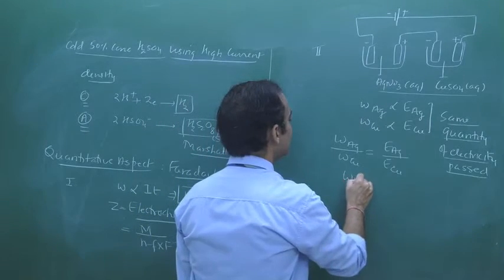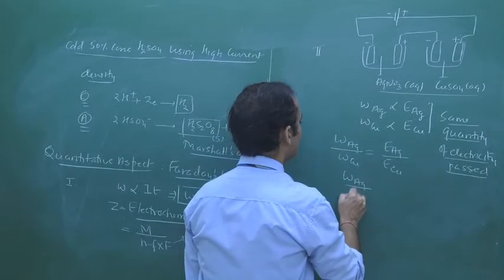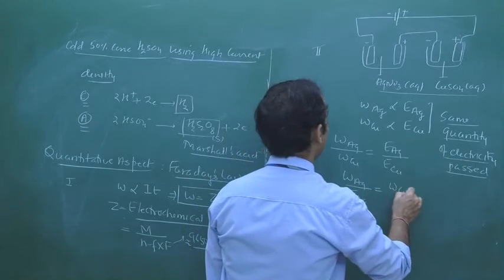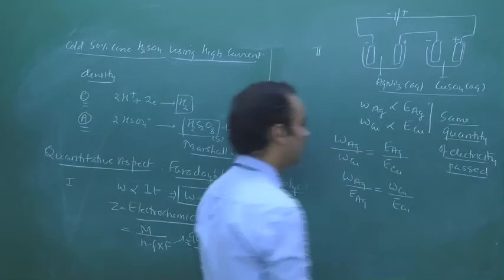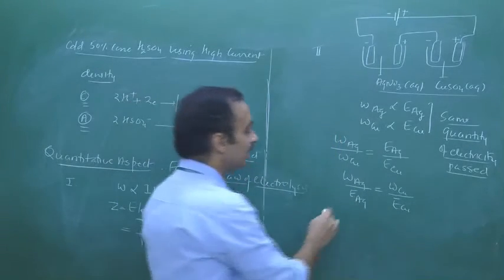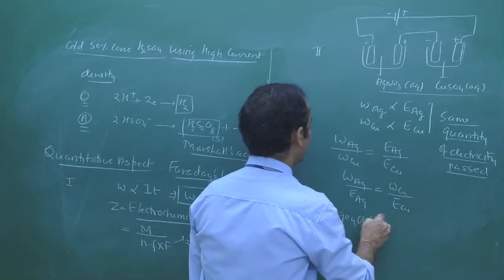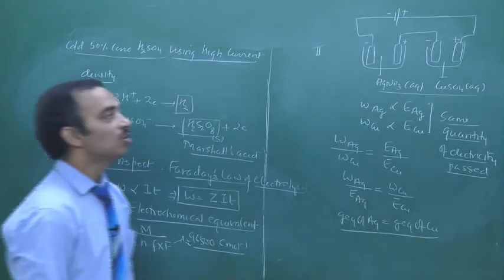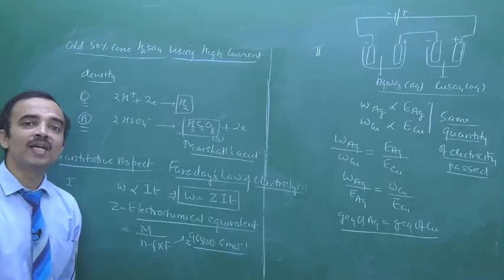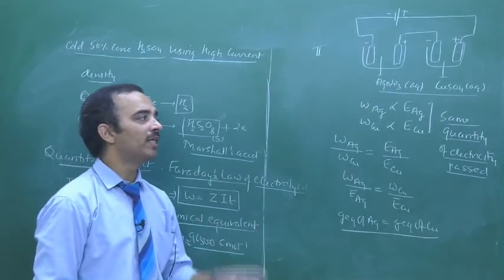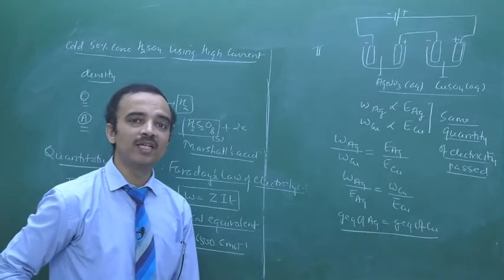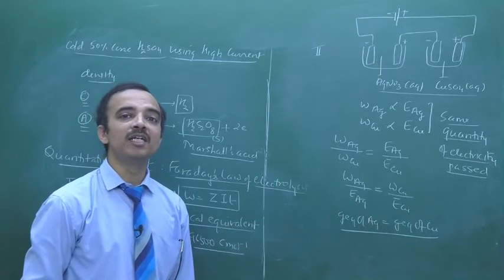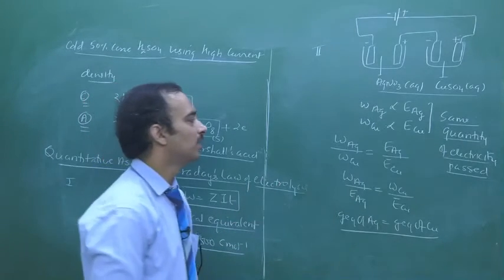Now, can we write this equation as mass of silver upon equivalent mass of silver, and mass of copper upon equivalent mass of copper? Can you see this is gram equivalent of silver and this is gram equivalent of copper. So what are we trying to say? When same quantity of electricity is passed through different electrolytes, then gram equivalent of substance deposited is same. This is the point.